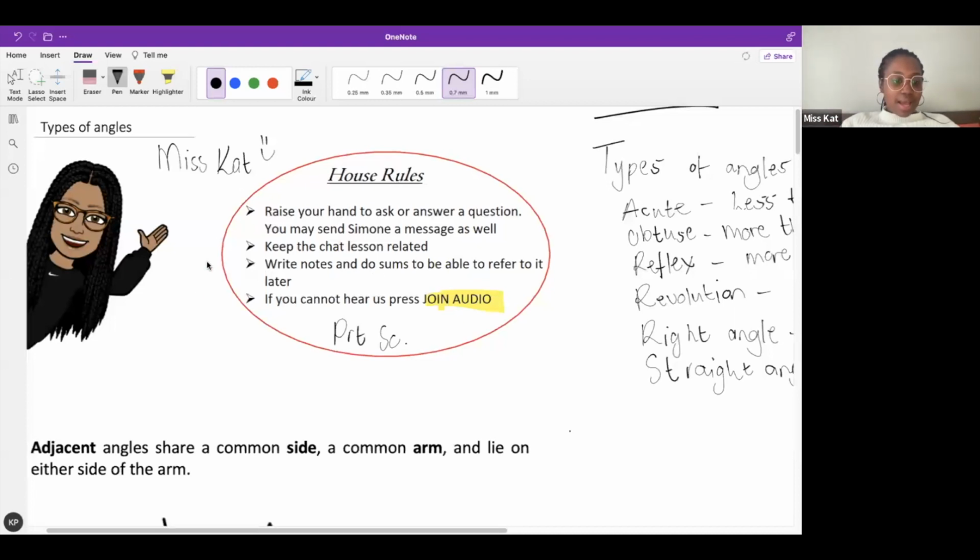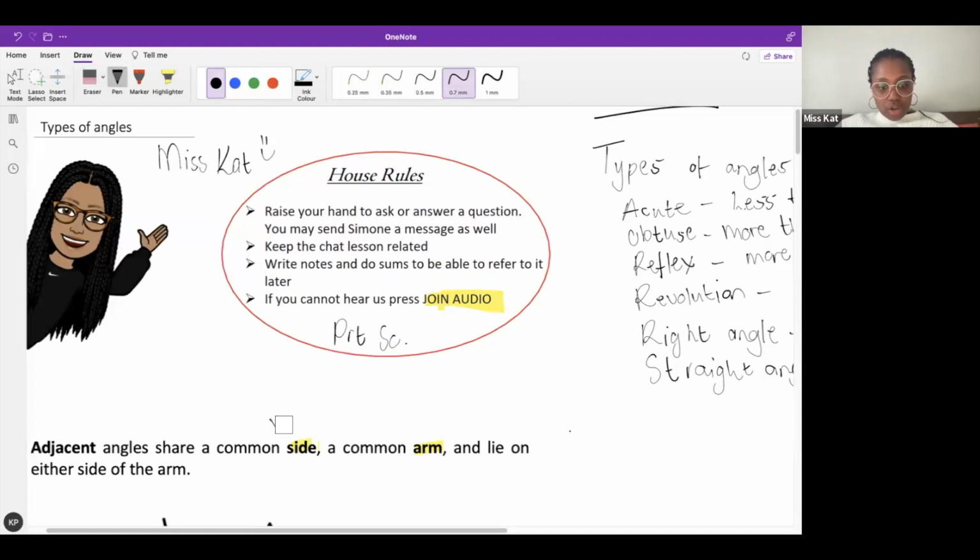So adjacent angles have to have all of these properties. They have to share a common arm, and they lie on, nope, vertex. One of these had to be a vertex. I just realized, so it's not side, it is vertex.